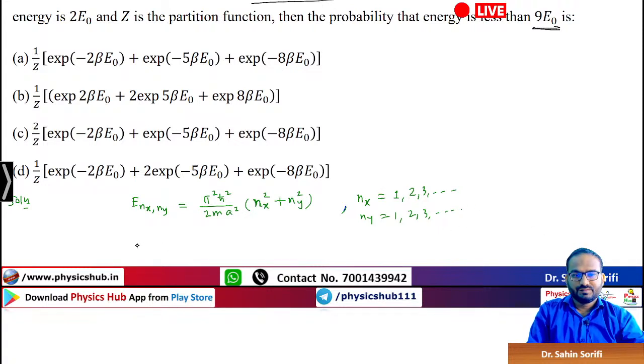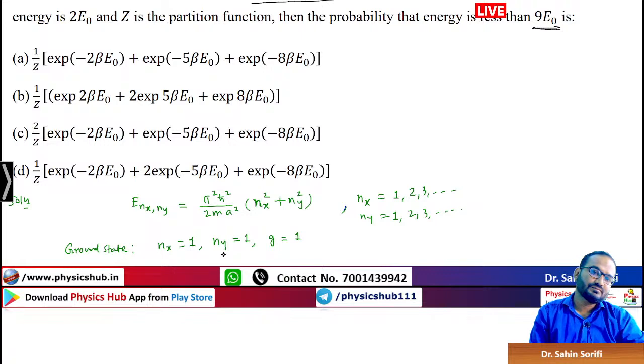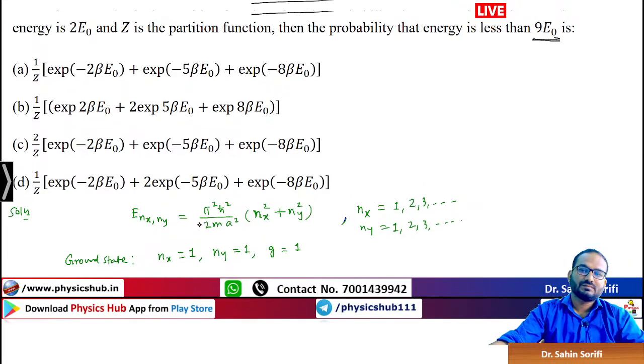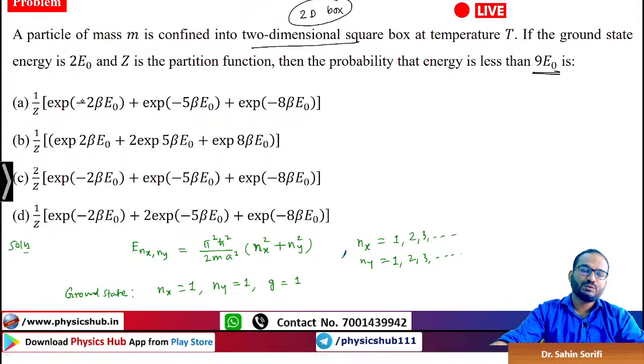If I talk about the ground state, I choose nx equals 1, ny equals 1, then that will give you the ground state. What is the degeneracy? Degeneracy is 1, only one combination. So what is the energy? Ground state energy is 2E0.